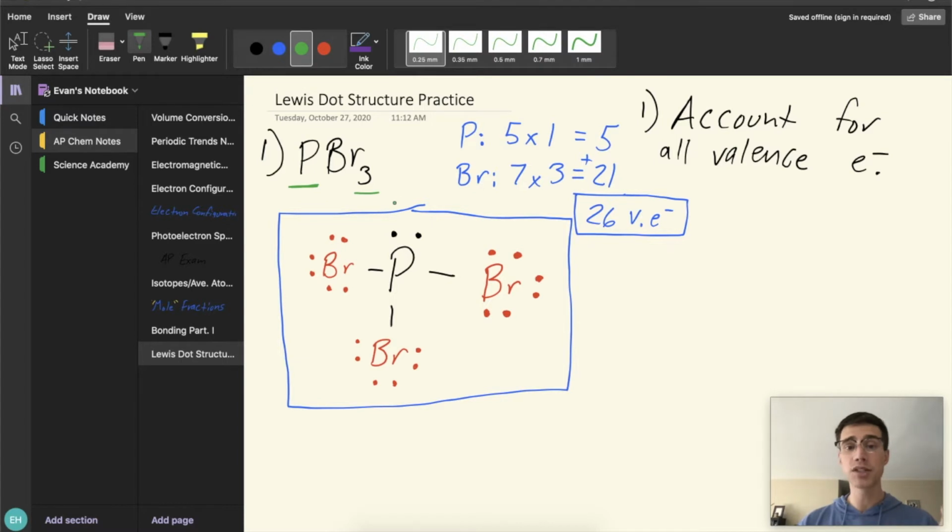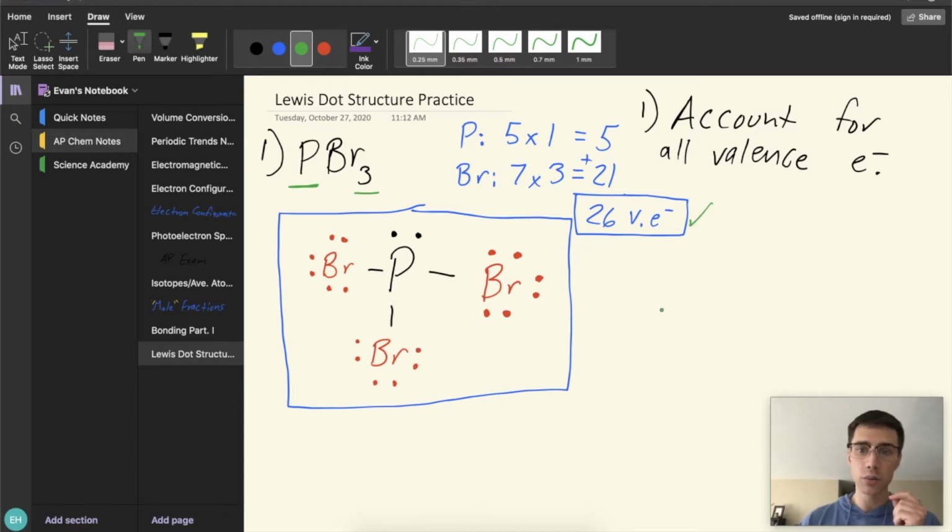Now, let's count them up and see how many we have. We have 2 here in the top lone pair. So 2, 4, 6, 8, 10, 12, 14, 16, 18, 20. And again, there are 2 for every single covalent bond. So we just got to 20, 22, 24, 26.